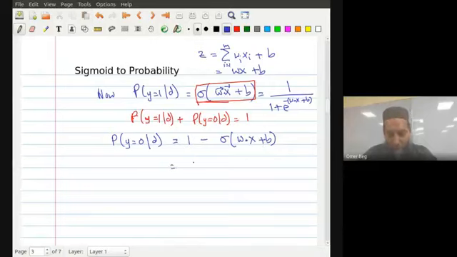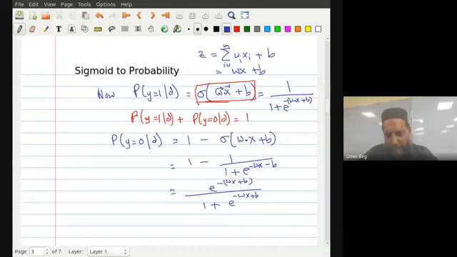So that's going to be 1 minus 1 over 1 plus e to the minus wx minus b, and we can say this is equal to e to the minus (wx plus b) divided by 1 plus e to the minus (wx plus b).